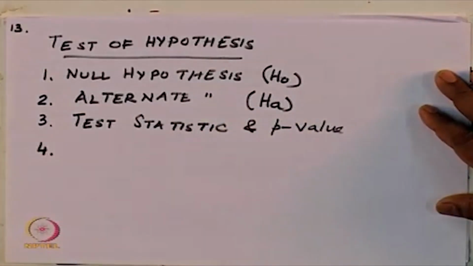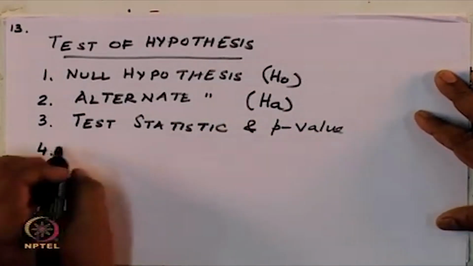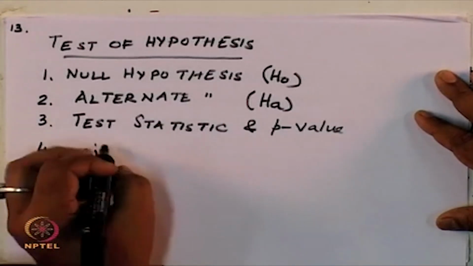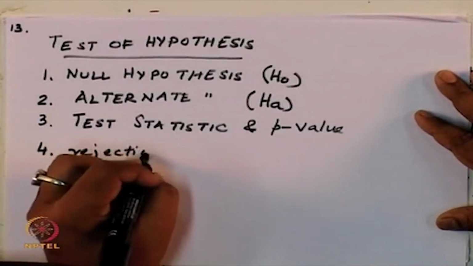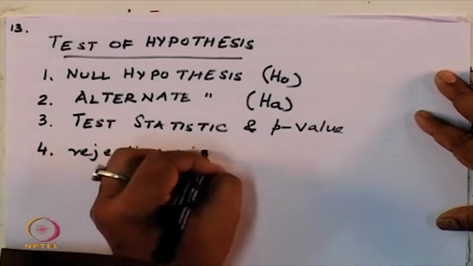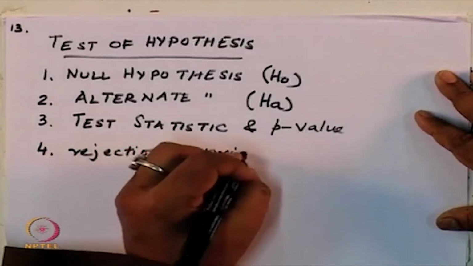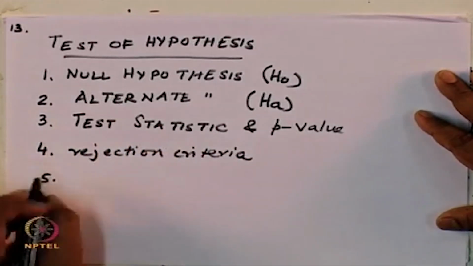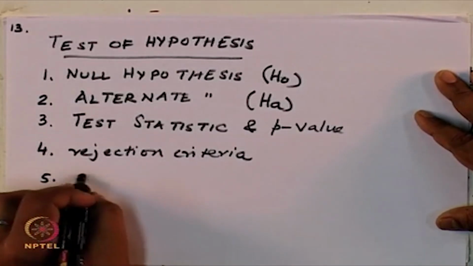You decide on some rejection criteria, and 5, you draw your conclusion.